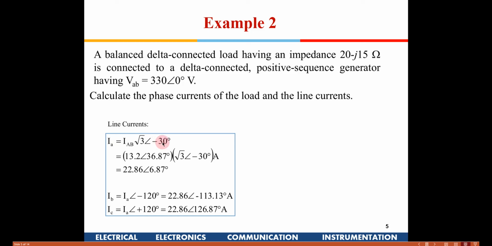Remember that when we compute line voltages from phase voltages, it is plus 30; here it is minus 30. If you refer to your theoretical notes, you will understand this aspect. So you find one line current, and the next two will be minus 120 from here and plus 120 from here. These are the three line currents we get.